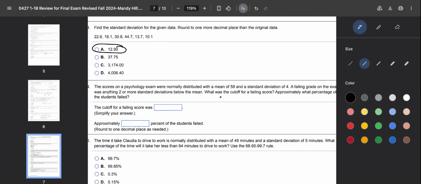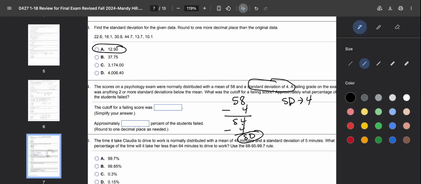So we know that we have a mean of 58. If we were doing 2 standard deviations away, one standard deviation away, the standard deviation is 4. So if we were doing 2 standard deviations away, we would subtract that twice. So 58 minus 4, 54 minus 4 is going to be 50.